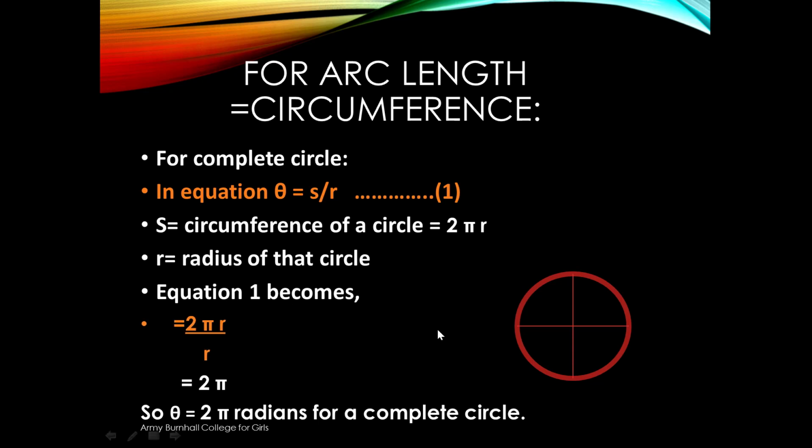The r will be cancelled, and we will get the answer as 2 pi. So theta is equal to 2 pi radians for a complete circle by the definition of a radian. If we consider arc length equal to the complete circumference of a circle, we get theta is equal to 2 pi radians. Hence we can say that one complete circle has 2 pi radians.